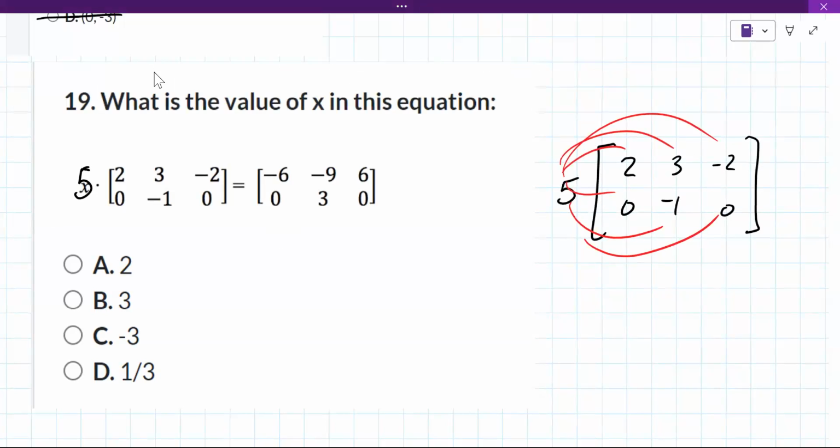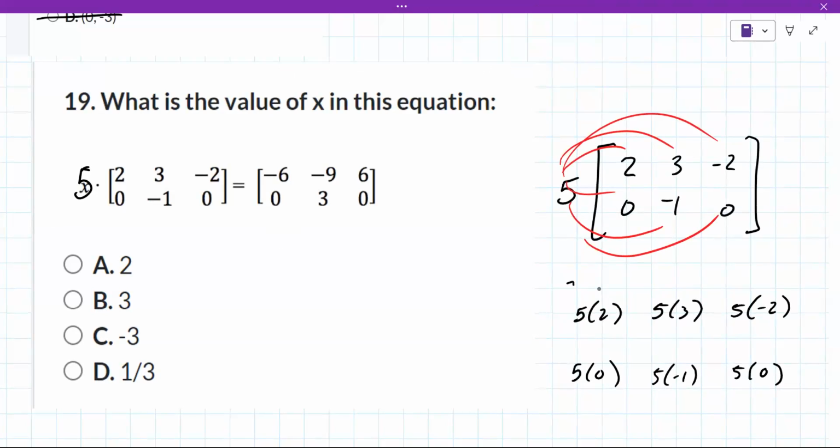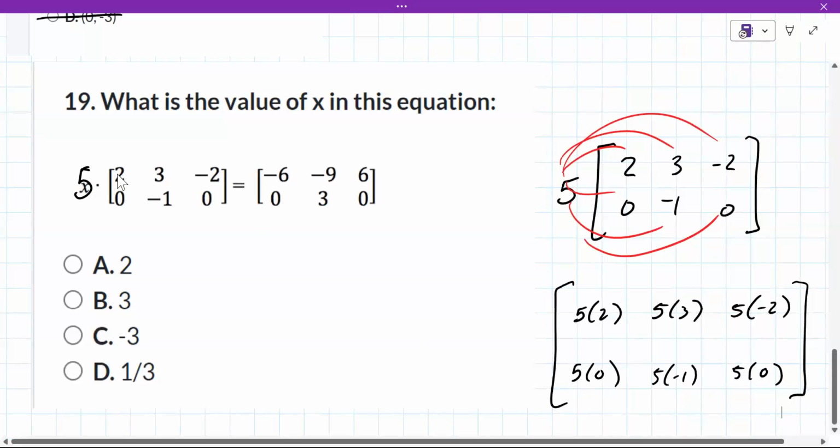You remember us doing that in a previous lesson? Now, this is not the right answer, but it is the approach. So you're trying to figure out, how do you go from 2 to -6, 3 to -9, -2 to 6? What are you multiplying those by?